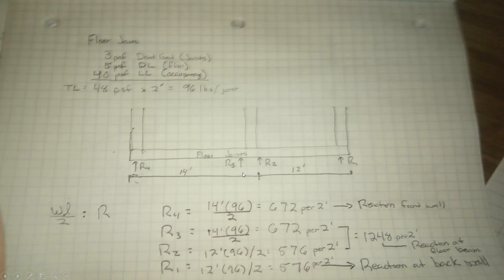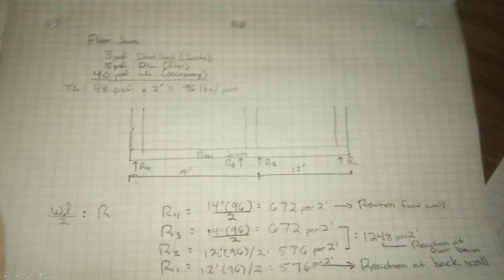So this distance here, and that's the reaction for the front wall. For reaction 3, we have 14 feet times 96 divided by 2 equals 672 again per 2 feet. And the reason we can use this is because we don't have that overhang like we did for the walls, so it makes it easier.